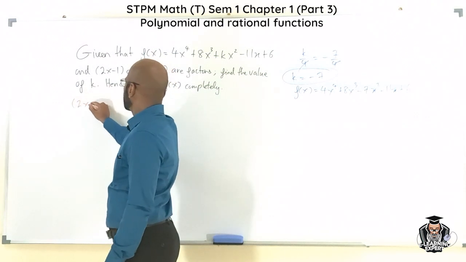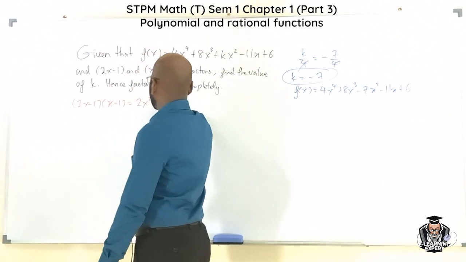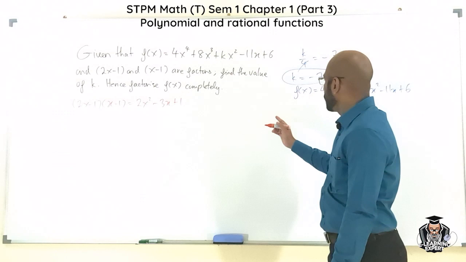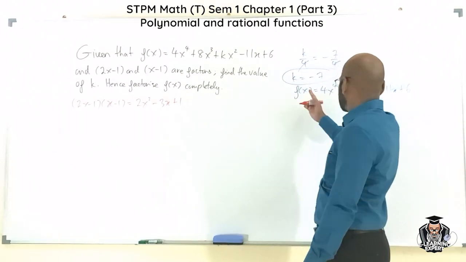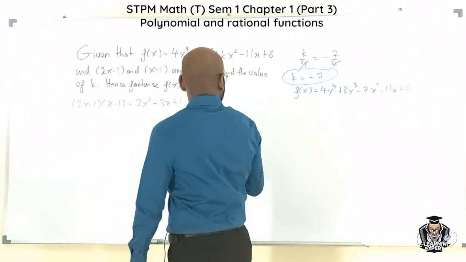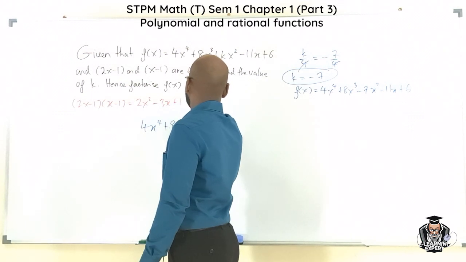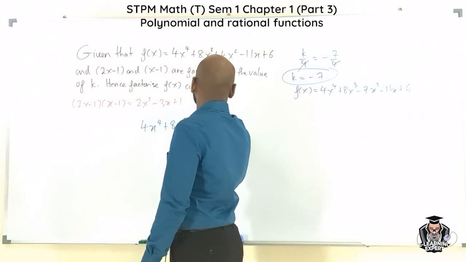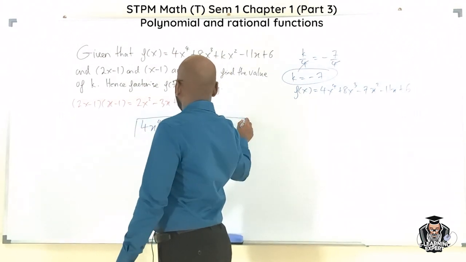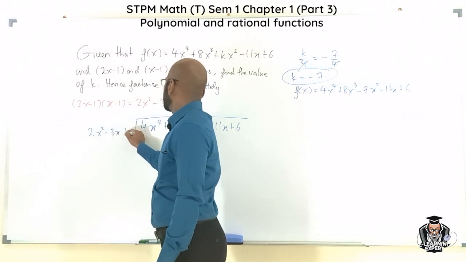We have two factors, x minus 1 giving us 2x squared minus 3x plus 1. I'm going to perform long division with this entire f(x) and this quadratic factor. So we have 4x power 4 plus 8x cubed minus 7x squared minus 11x plus 6 dividing by 2x squared minus 3x plus 1.